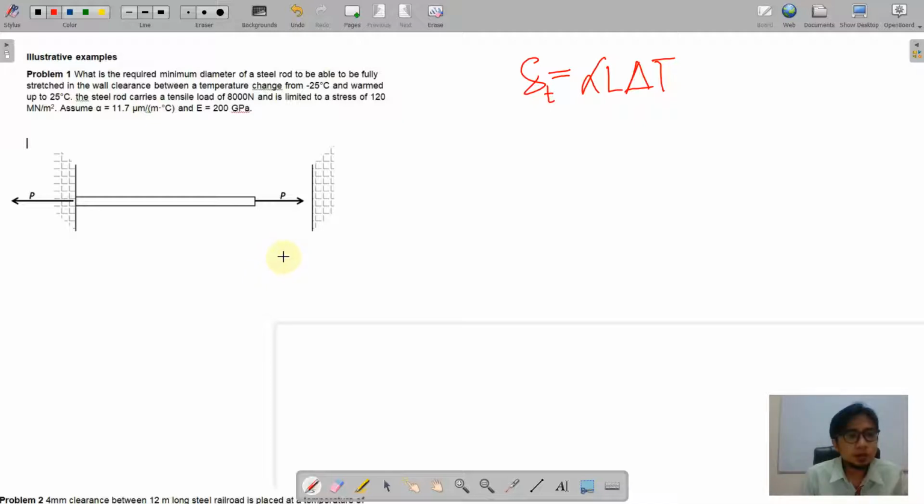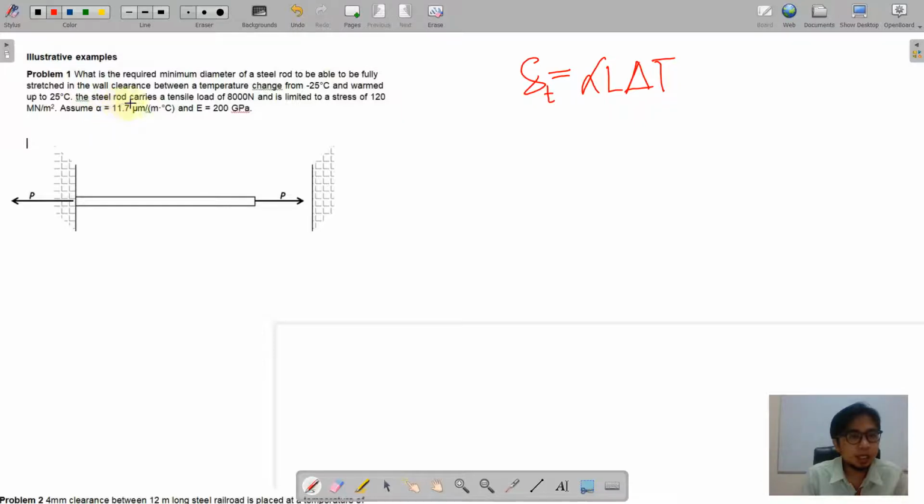Okay, so for this problem, we have a structural element or member. We are required to determine the minimum diameter of this steel rod to be fully stretched in the wall clearance, with a temperature change from negative 25 degrees, warmed up to 25 degrees Celsius.